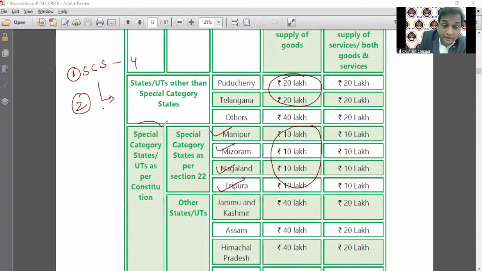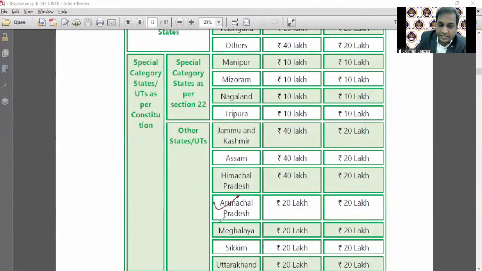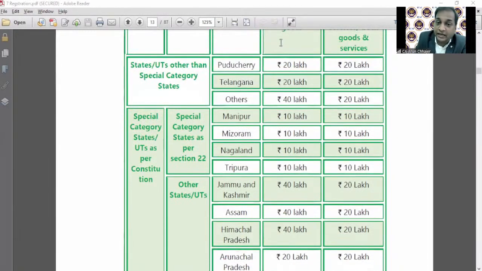Second, it would not be applicable in the rest of the special category states, in 4 cases also. What are the 4 states? Arunachal Pradesh, Meghalaya, Sikkim, and Uttarakhand. Third is that for Telangana and Puducherry, again the normal limit would be applicable, 20 lakh rupees. Is it clear to everyone?